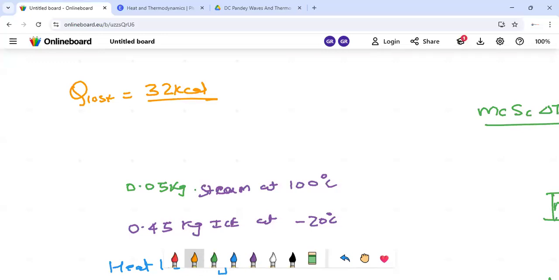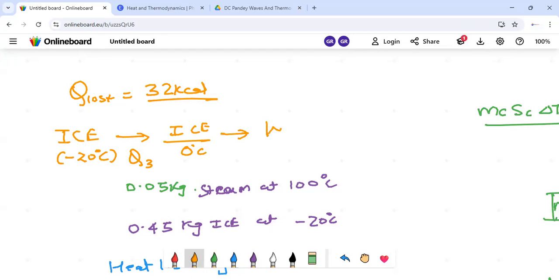So first of all, ice from minus 20 degree will come to ice at 0 degree. For this, it will require some Q3 heat, and then it will melt into water. So this Q3 will be mass of ice, which is 540, into specific heat of ice, which is 0.5, into 20.